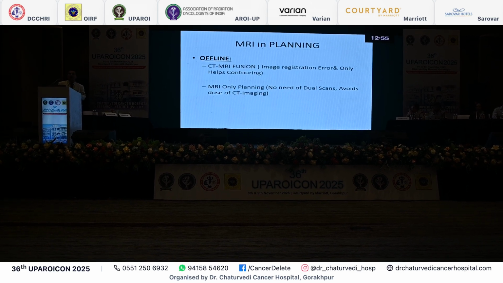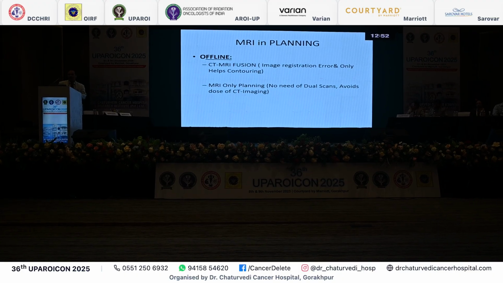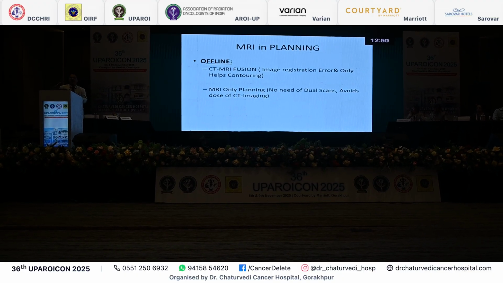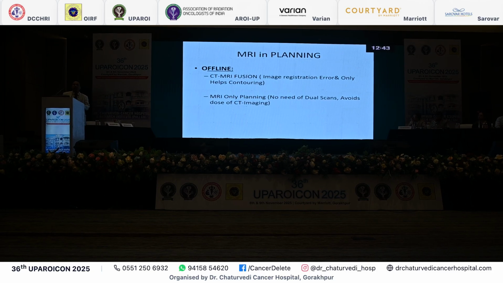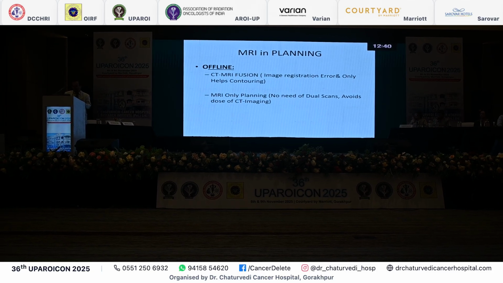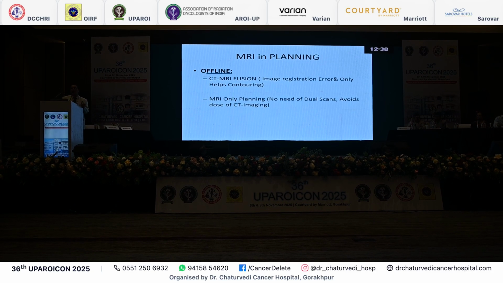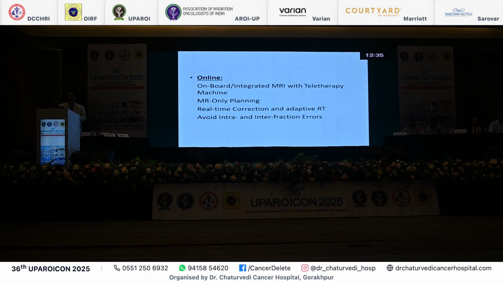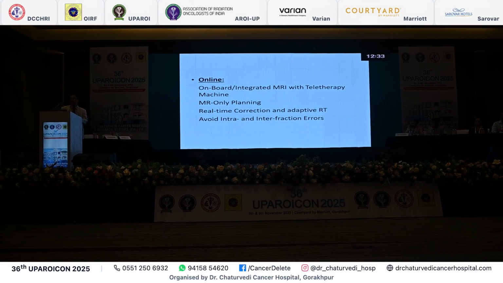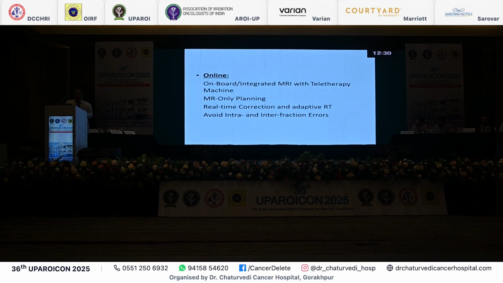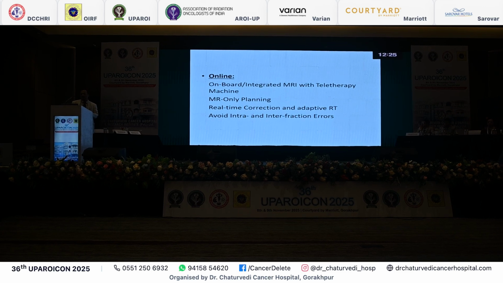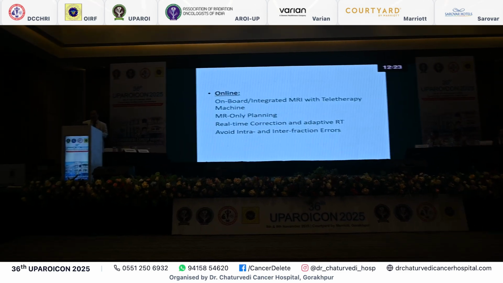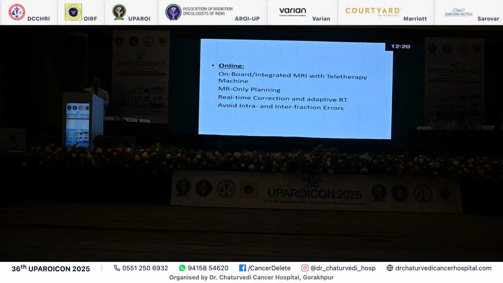So we have been using MRI for quite a lot of time. Offline, we have been using CT-MRI fusion for help during contouring. We are doing MRI-only planning. MR-RT Linacs are available where we can do the imaging, do the planning and transfer to our Linac. Nowadays, online or integrated MRI with teletherapy, especially the Linac, is available, which ensures MRI-only planning, real-time correction, and adaptive treatment, and avoids intra- and interfraction errors.